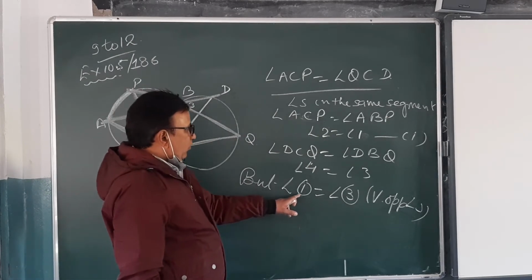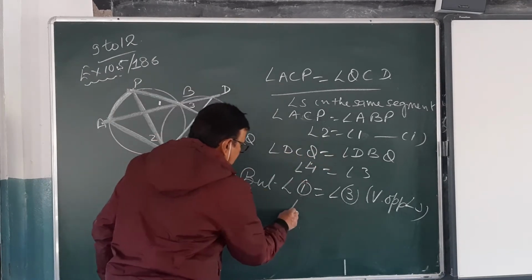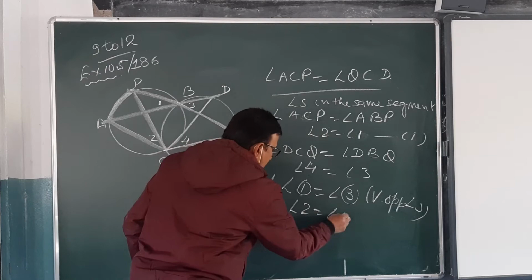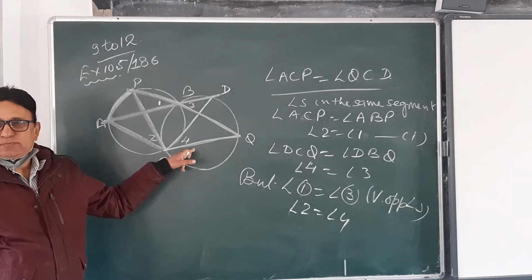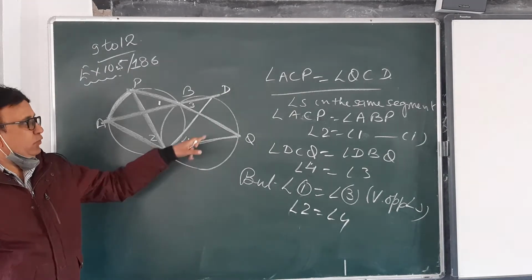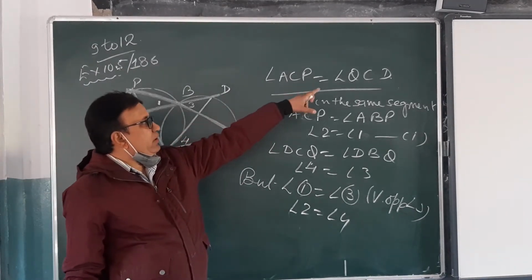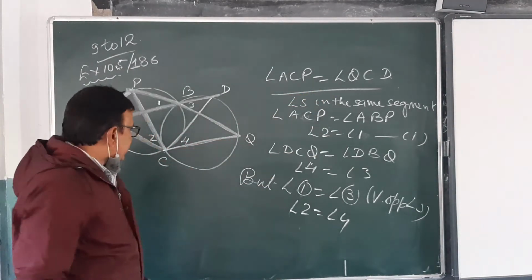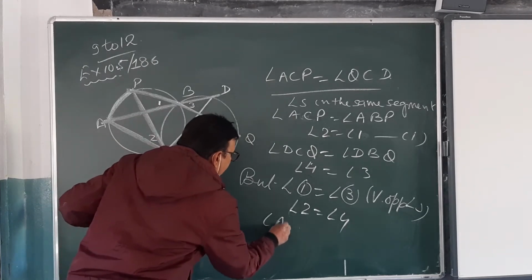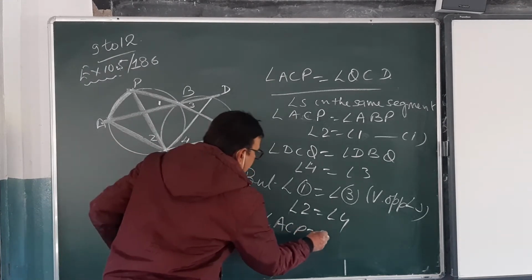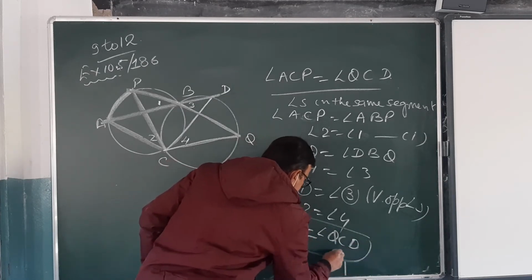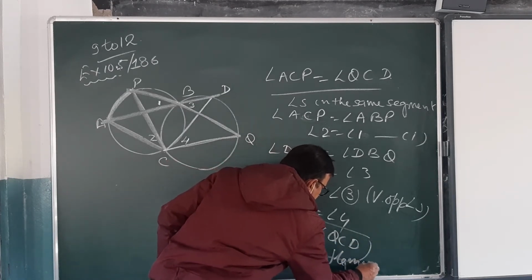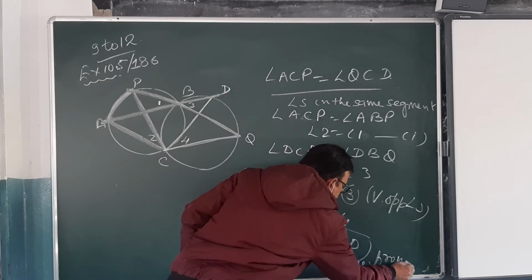So 1 equals 2 and 3 equals 4. So 2 and 4 are equal. Angle 2 is ACP and that is QCD. So ACP equals angle QCD, and you can say simply here, hence proved.